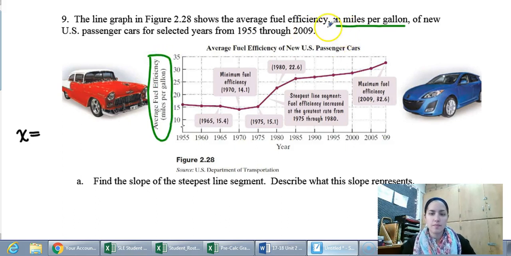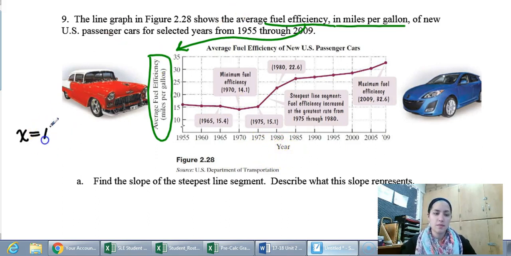See that? And x is given to be the years. So x is number of years since 1955. Or you could just say number of years. It's up to you. If you say since 1955, you're going to have to do a lot of subtraction.